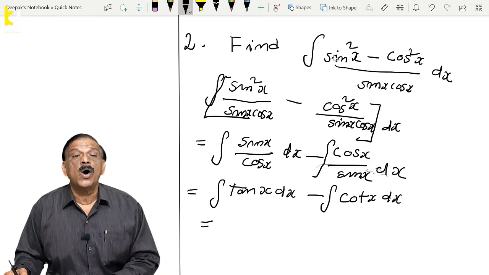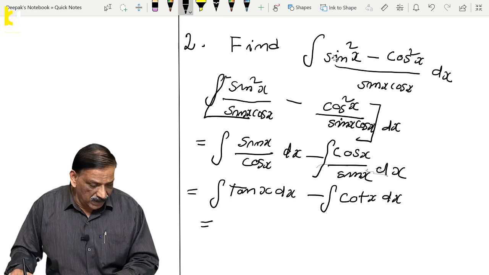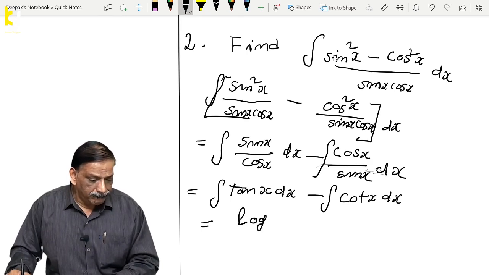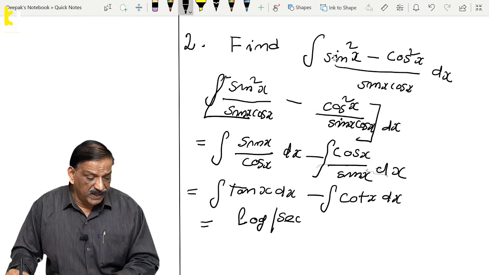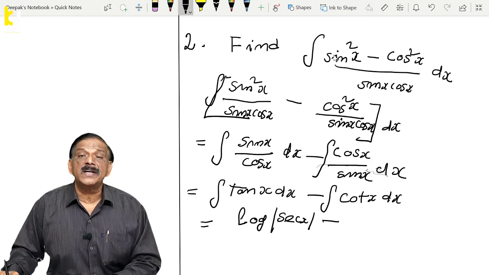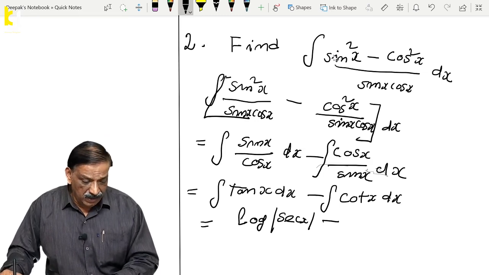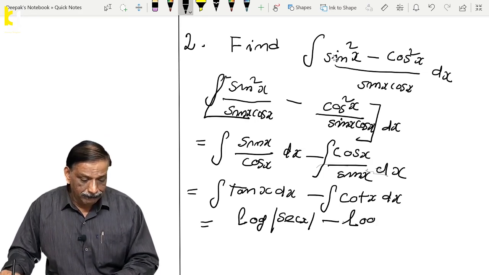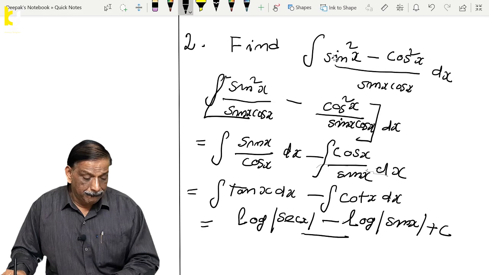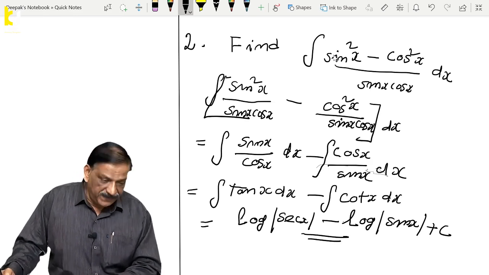That is log secant x. So this will be log modulus of secant x minus integral cot x dx, that is log sin x plus c. Hence the answer.